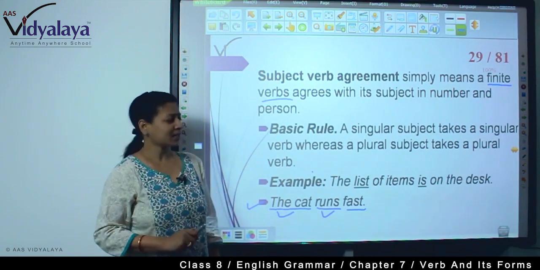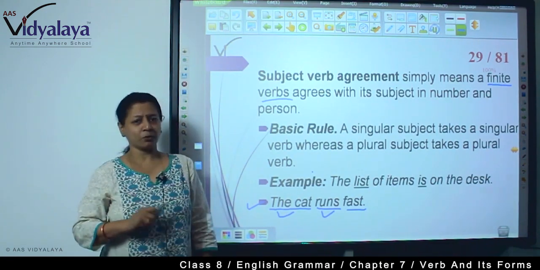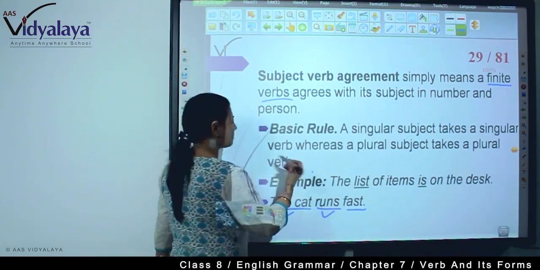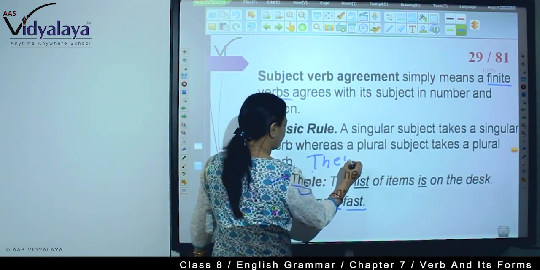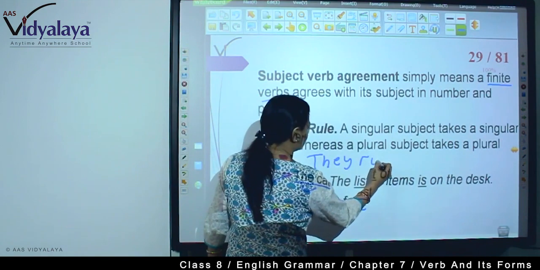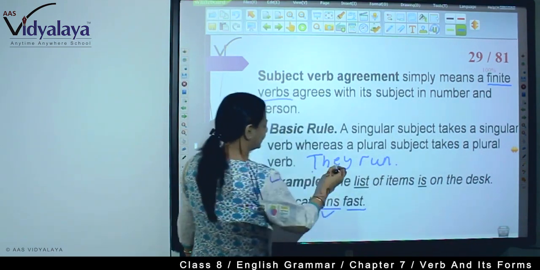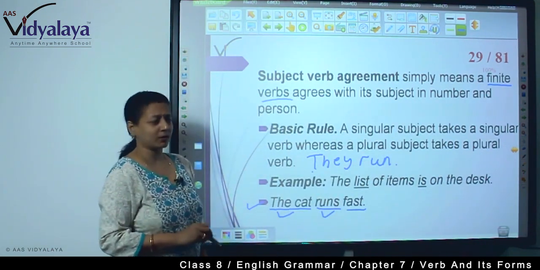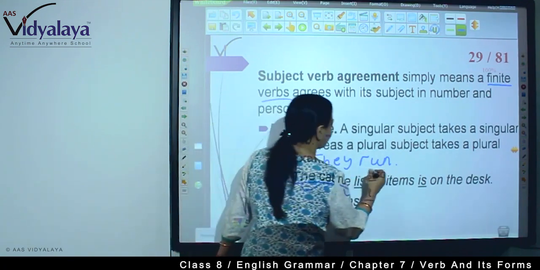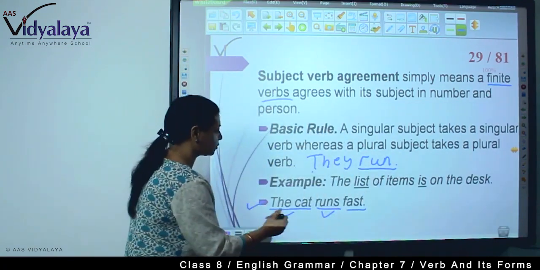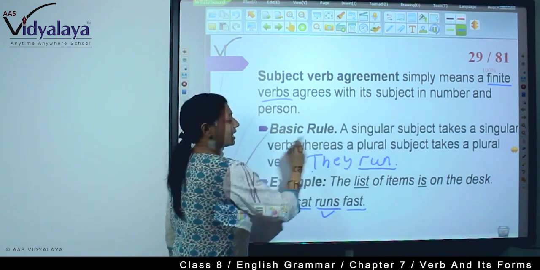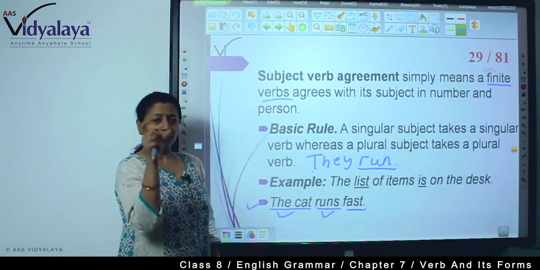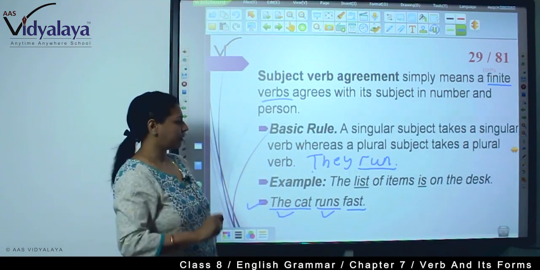And if there is a plural subject, you will have to take a plural verb. For a plural subject, I can say they run. Here, they is plural, and for that the verb used is run. We haven't used s because with plural we take the basic form of the verb.